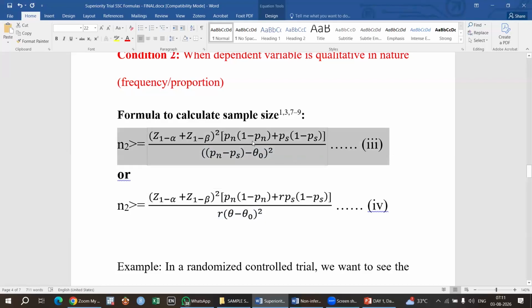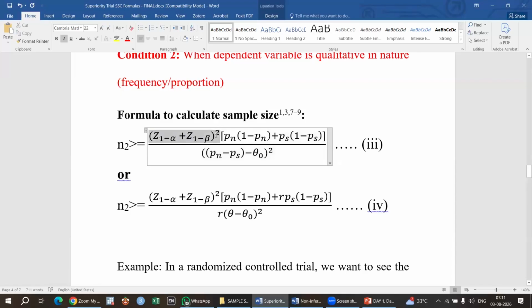Now you can calculate sample size. If we are taking 80% power of study, we know the value for this. So can anybody tell me what is the value of Z1 minus alpha plus Z1 minus beta squared at 80% power of study? We have done it earlier. Please tell me. 12.87.